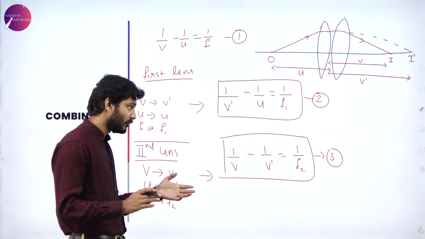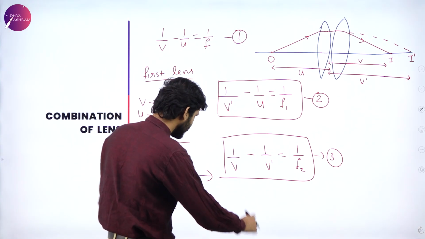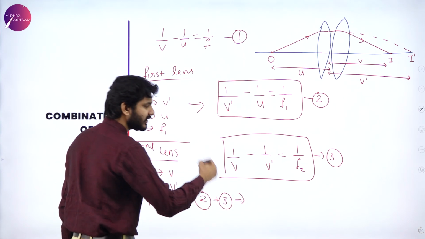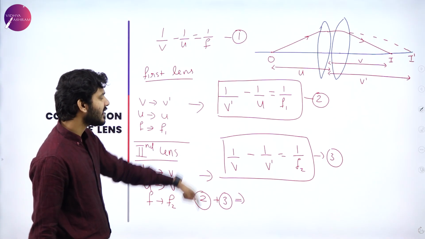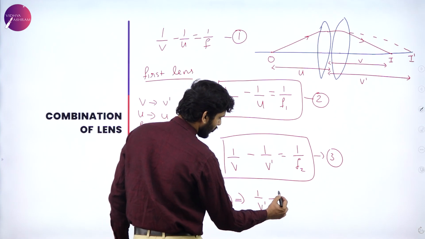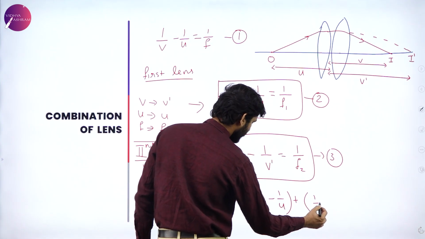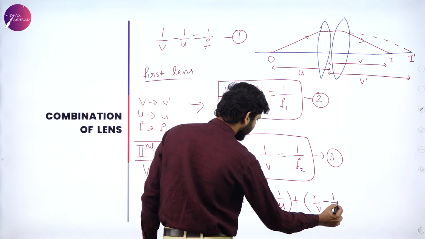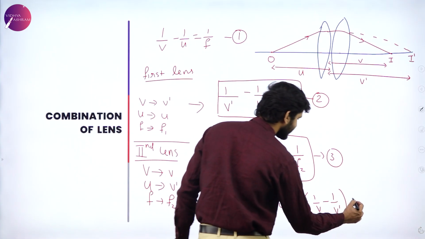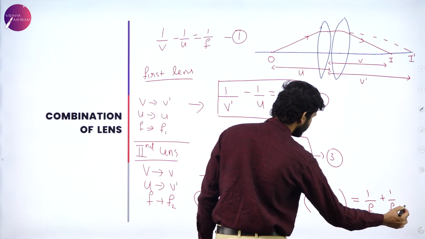Now the only thing we are going to do is add equation 2 and equation number 3, which will give us 1 by V dash minus 1 by U plus 1 by V minus 1 by V dash on the left hand side, and on the right hand side we have 1 by F1 plus 1 by F2, right?